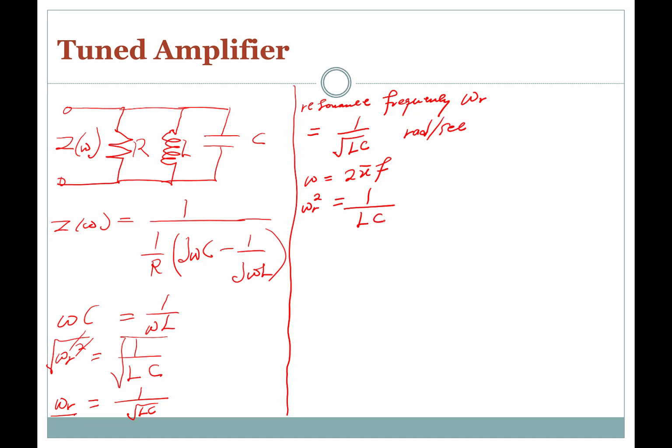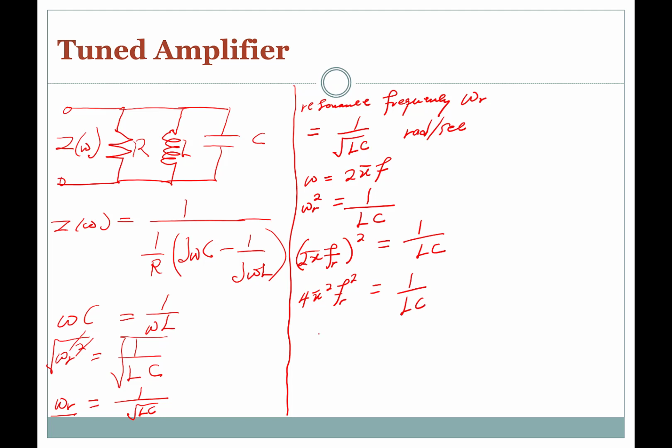So we can say that 2 pi f, in this case because we're looking at resonance frequency, let's make our f to be fR. So the whole of this squared will be equal to 1 over LC. In that case, we're going to have 4 pi squared fR squared equals 1 over LC.